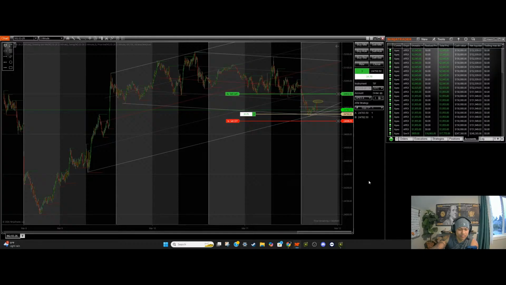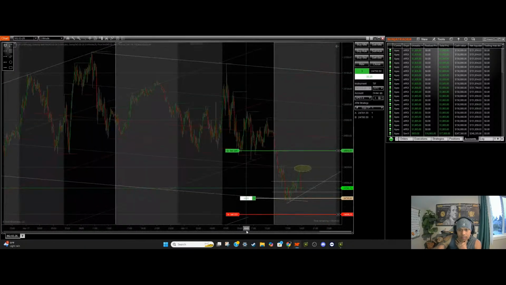I did not want to see that. It blasted through the VWAP, which was at about 24,810, and just sliced right through it. Again, I've seen this so many times. Will it do it today? Possibly.